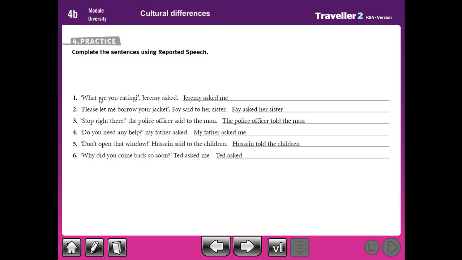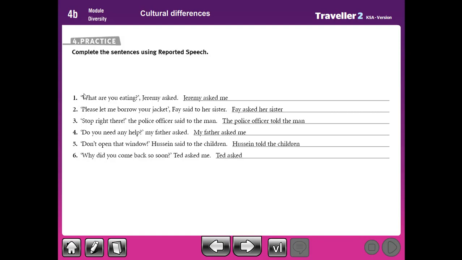And we change are you into you are. Then we change you into I, and are, the present simple, into past simple, was. So we say what I was eating. That's very good.